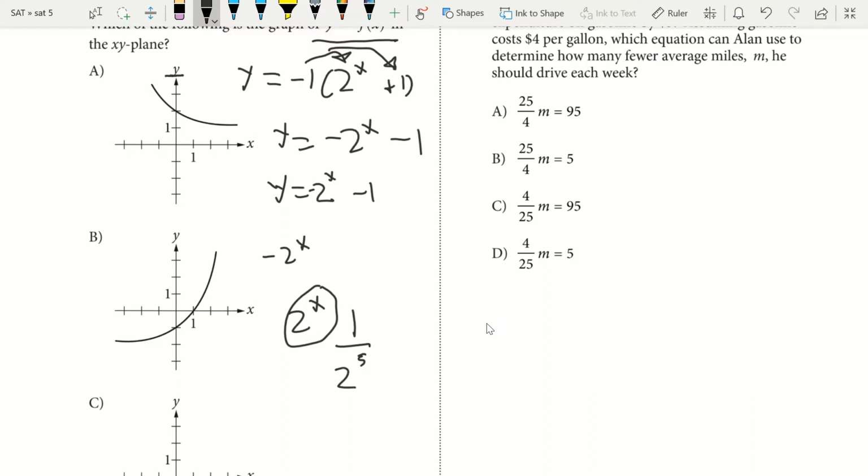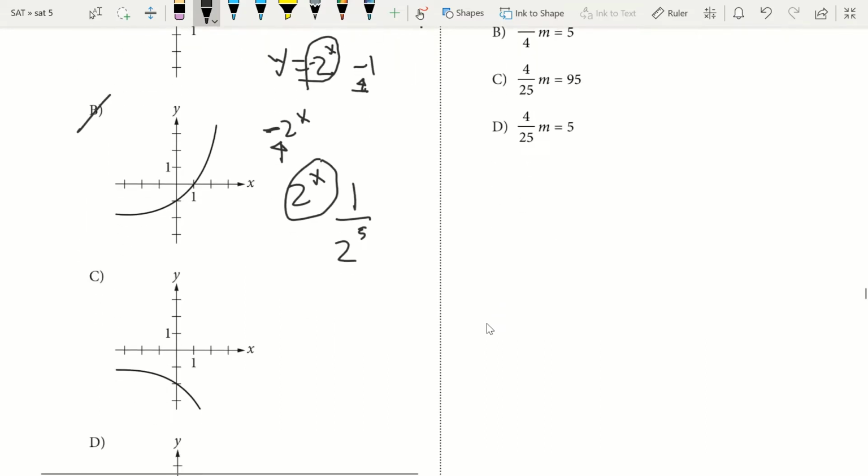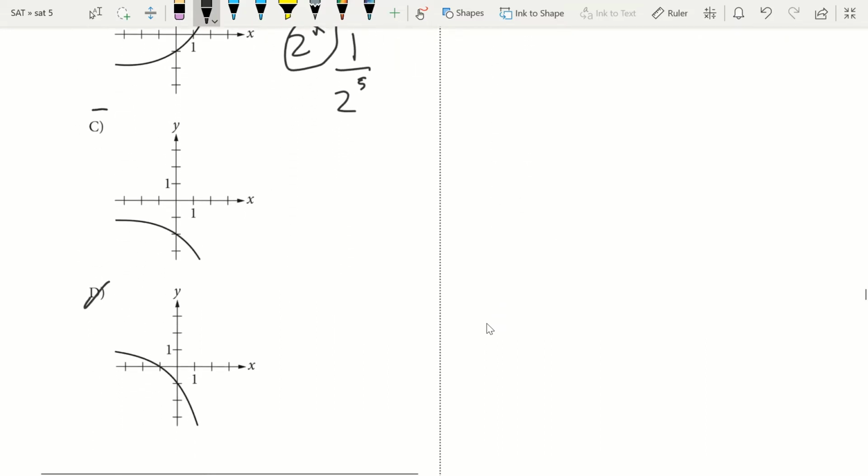It will always be positive, but in this case, it is multiplied by negative 1. So it will always be negative. It will never switch. So we'll always have negative 2 to the x being negative, and then we always have that minus 1, as shown above. So our answer will always be negative. Any answer that goes positive can be eliminated. And now we are just left with C.